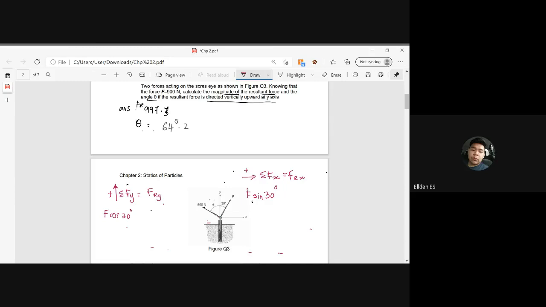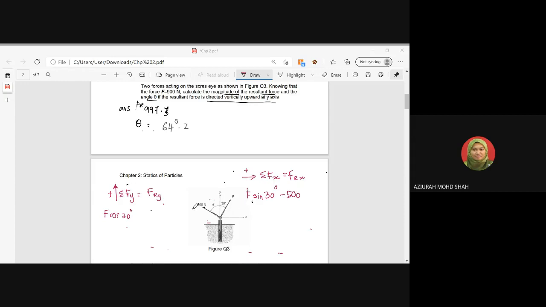Negative 500 sin theta. Yes, correct. We have negative 500. Why negative? Because it is in the second quadrant where we have the X is negative 500. Okay. You have to pay attention ya, tanda negatif ini untuk finding force is based on the quadrant yang kat sini.